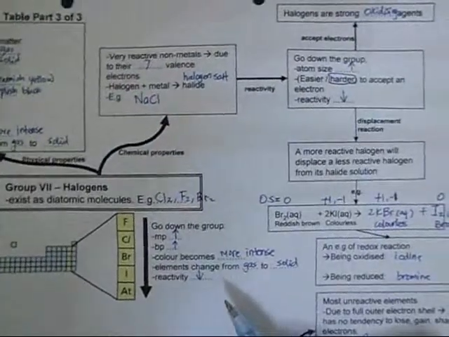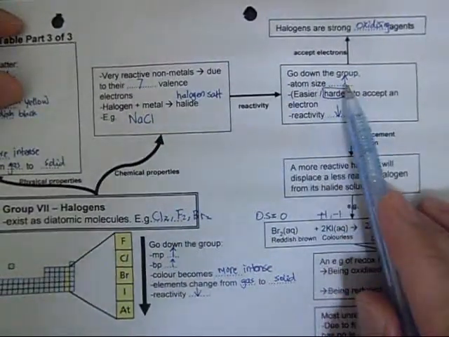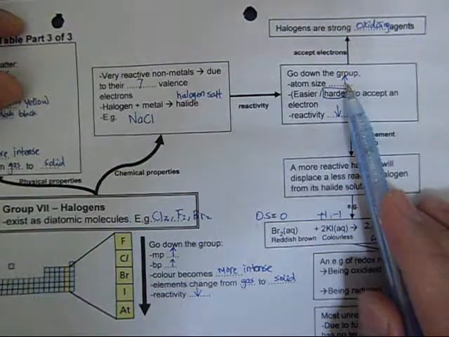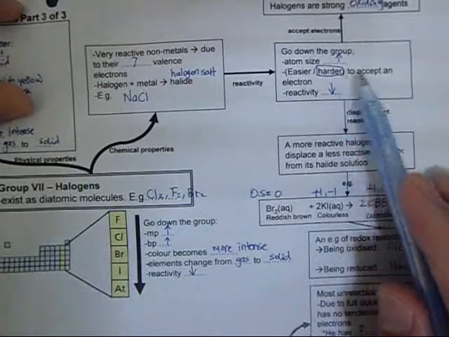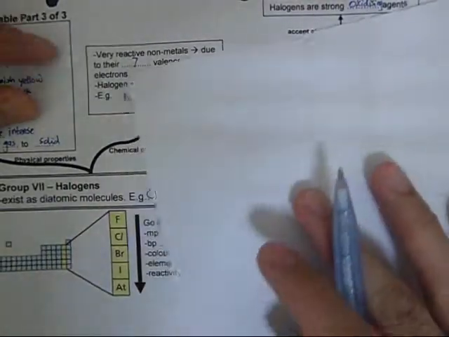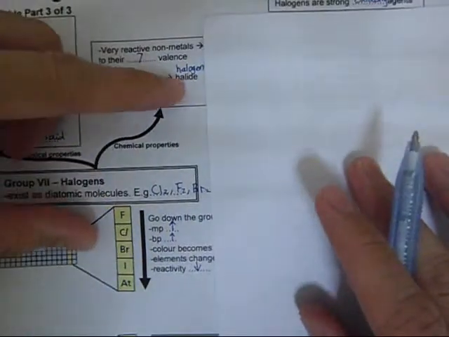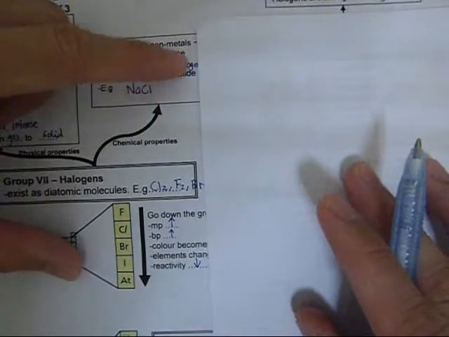Now how about the reactivity? The reactivity, as you go down the group, atomic size increases, right? As you go down the group, the atomic size must increase. When the atomic size increases, it is harder to accept the electron. Now let's go back to our atomic structure. So if you look at fluorine, fluorine is in period 2.